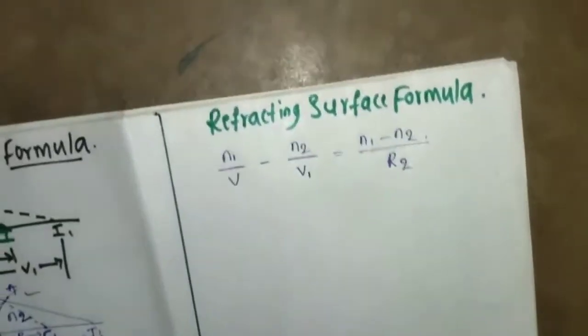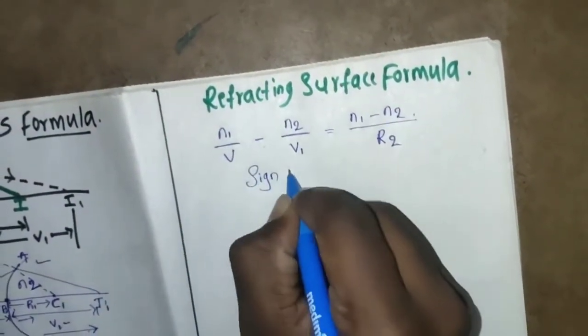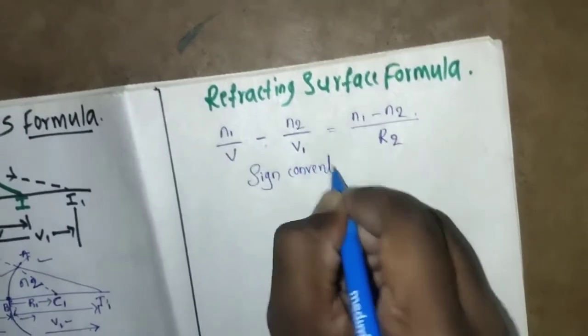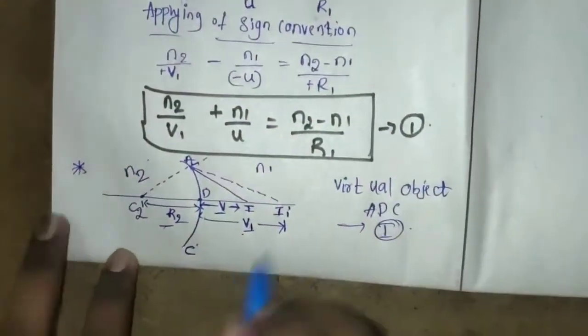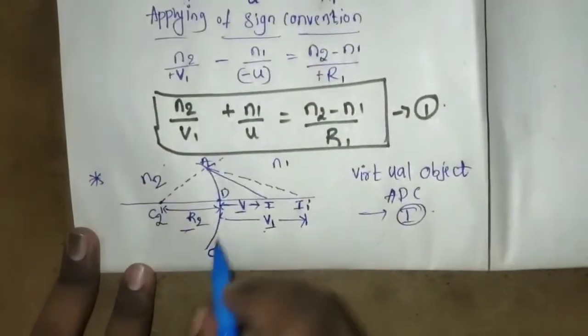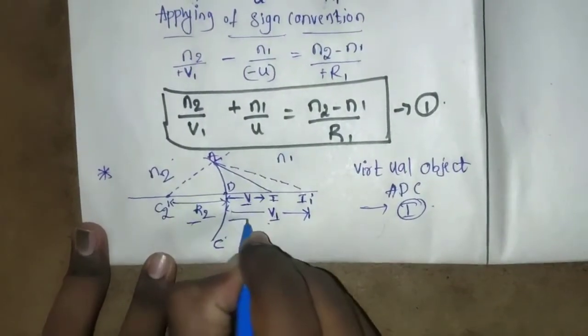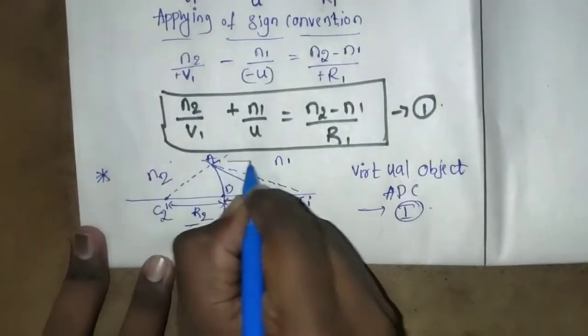This is the equation. Now I will again apply sign convention, same here. So I will write sign convention for image distance, that is V. V is measured from the center of the spherical surface D to I. This is the direction of measurement, and this is the direction of incident ray.